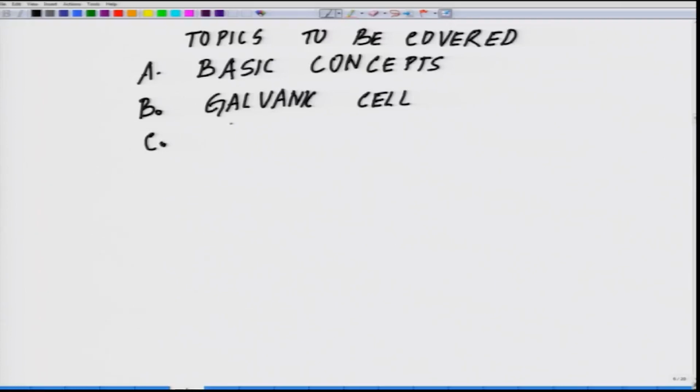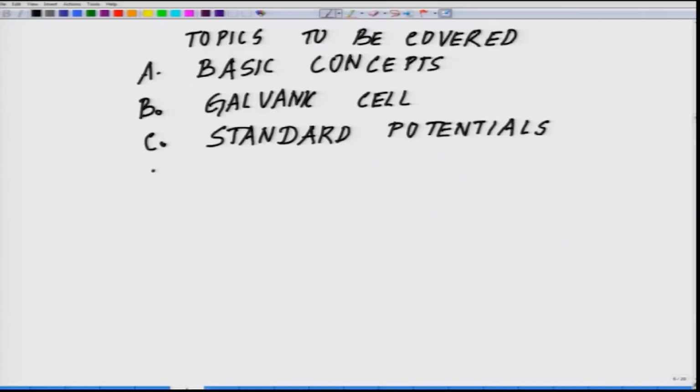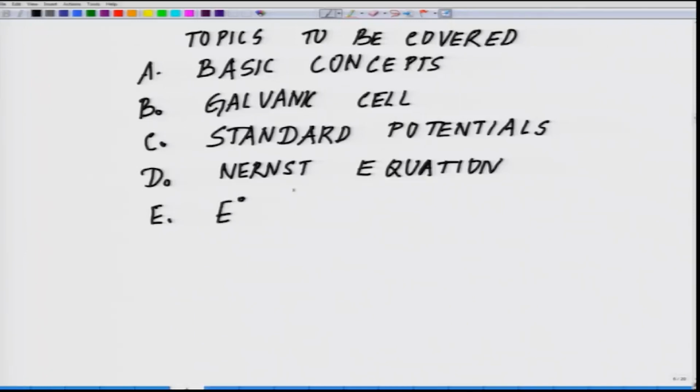The third one we will be dealing with is standard potentials. Fourth, this week we will be dealing with the Nernst equation, one of the most celebrated equations. Next, we will be dealing with E0 and the equilibrium constant. We will come later to this E0 concept.